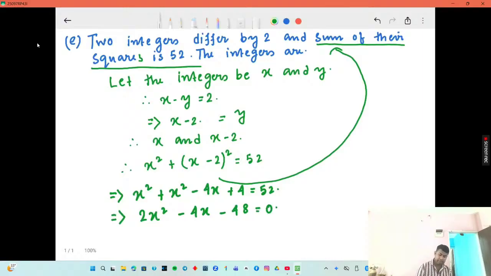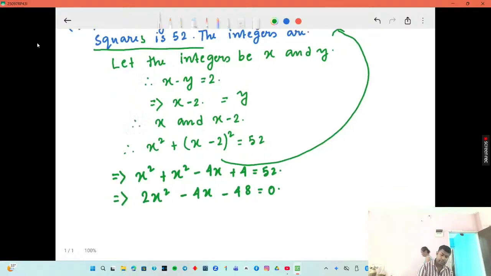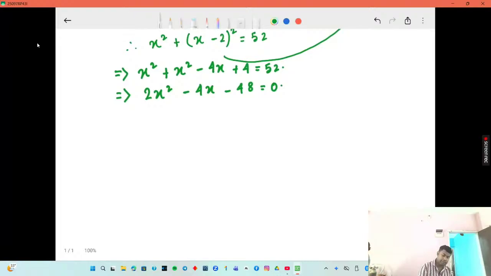Now, you can see that the whole equation is divisible by 2. So by dividing the whole equation by 2, we get x squared minus 2x minus 24 is equal to 0.